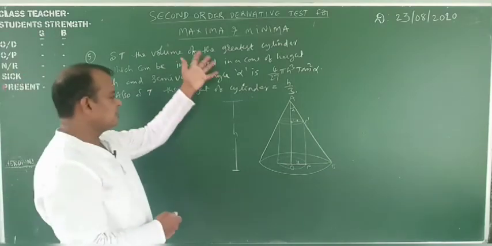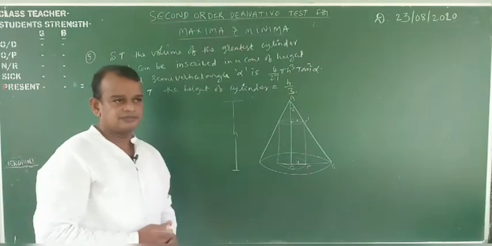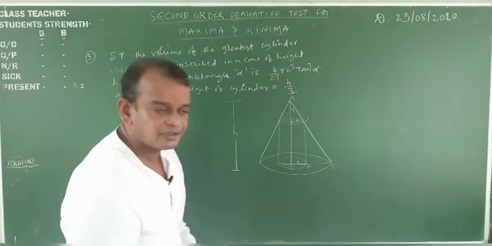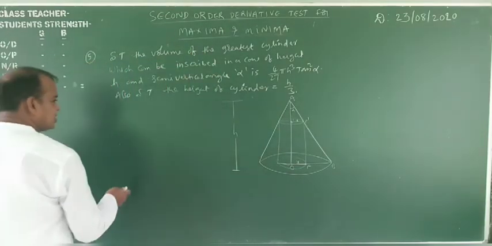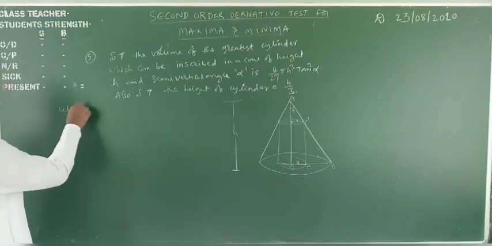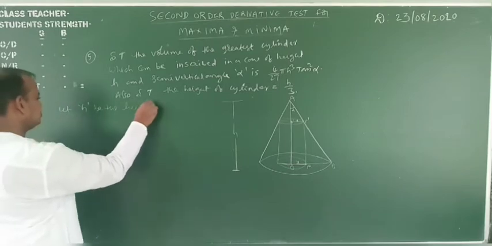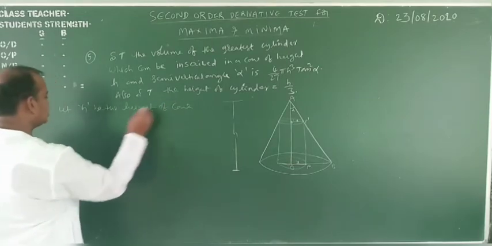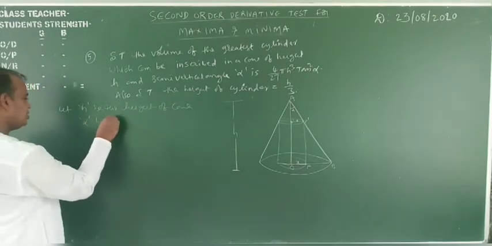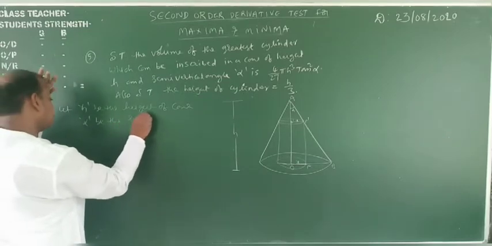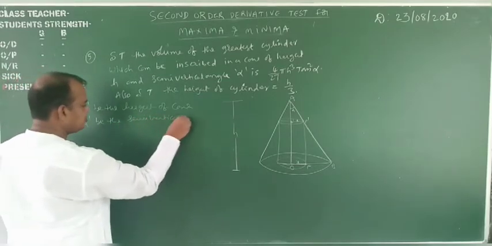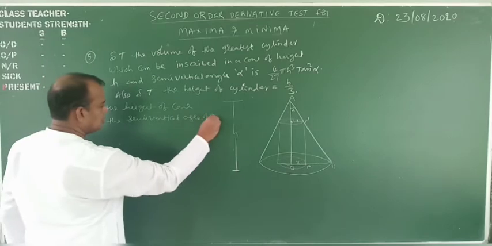First, apply what is given. Don't confuse. Let h be the height of the cone, alpha be the semi-vertical angle of the cone.